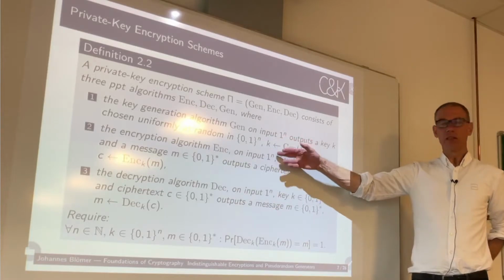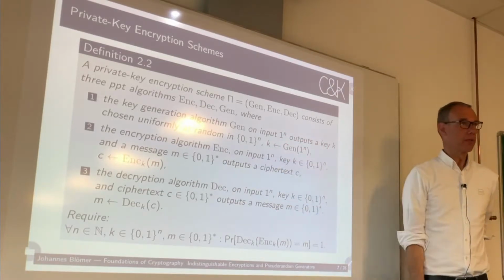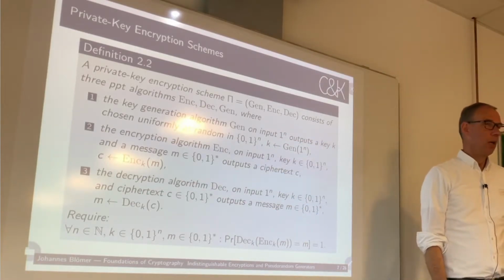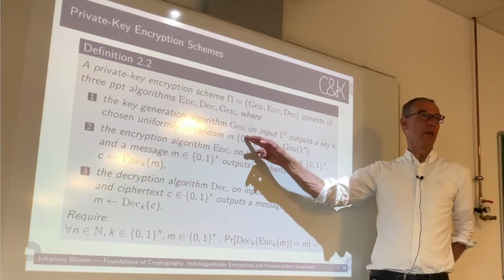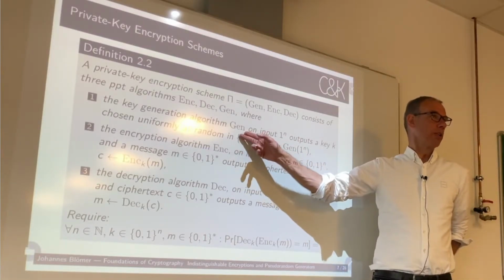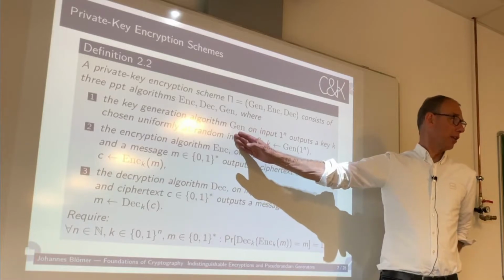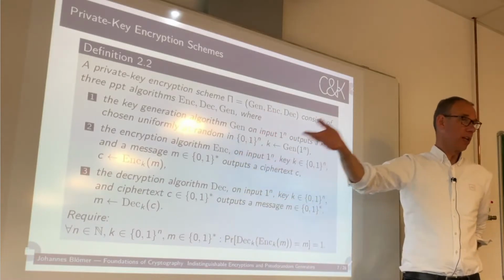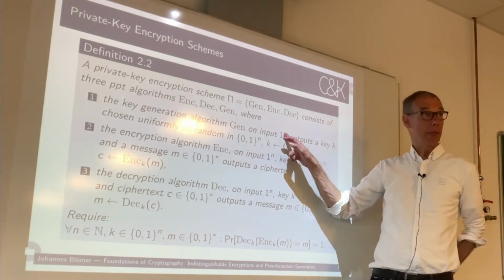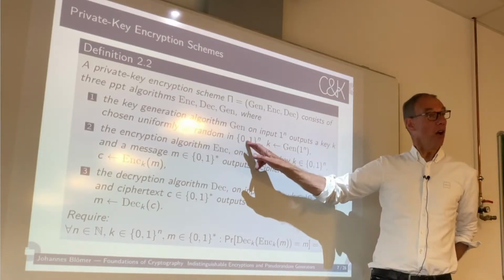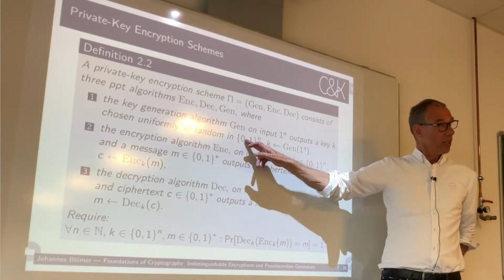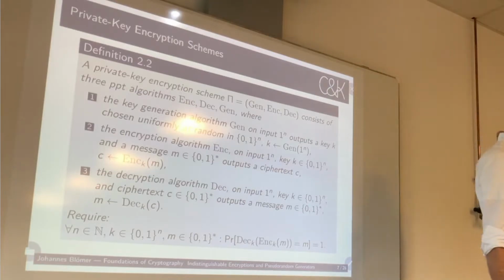This is not necessary, but it is what we do in practice. The key generation algorithm gets a security parameter, and then it picks a key of this length as a bit string. So it makes life a little bit easier.